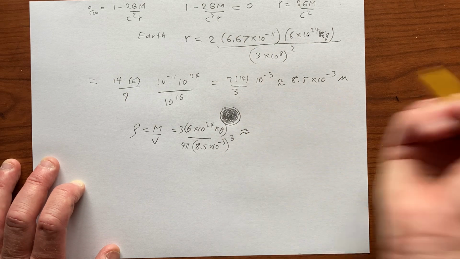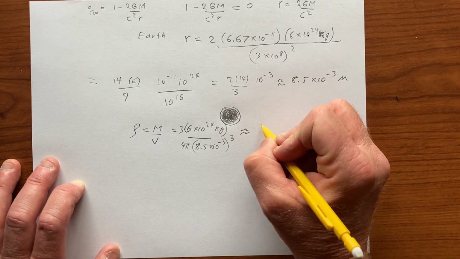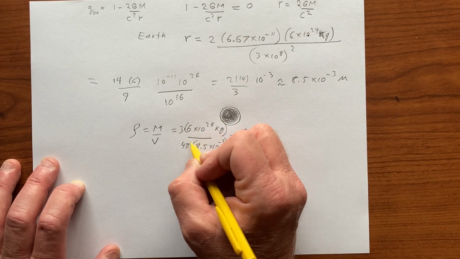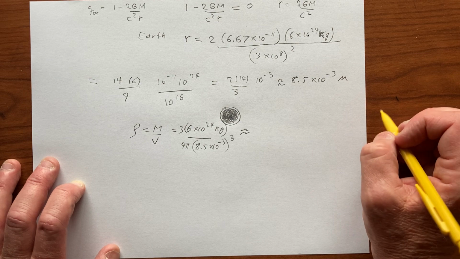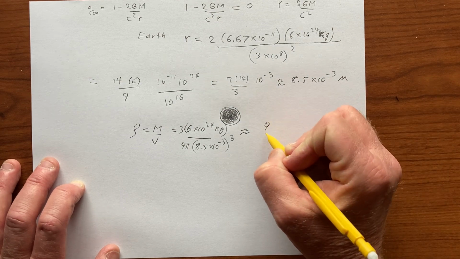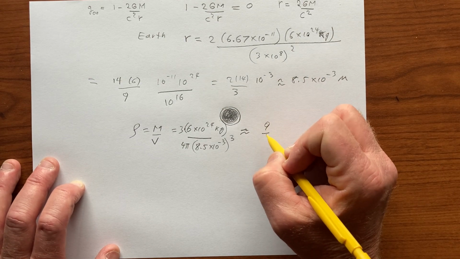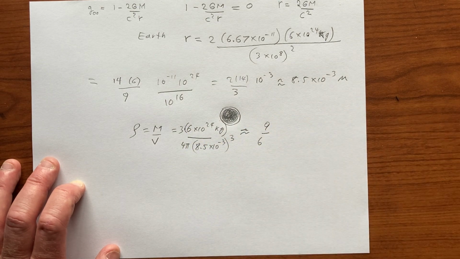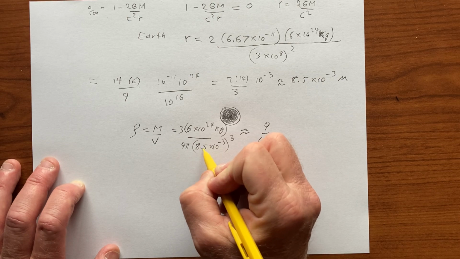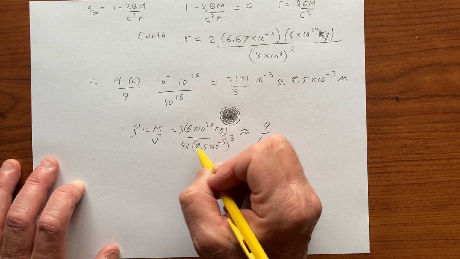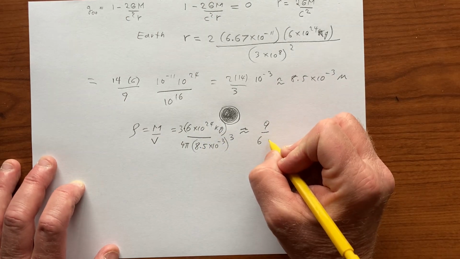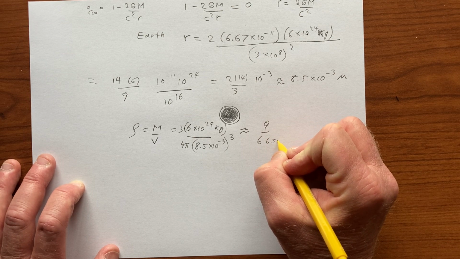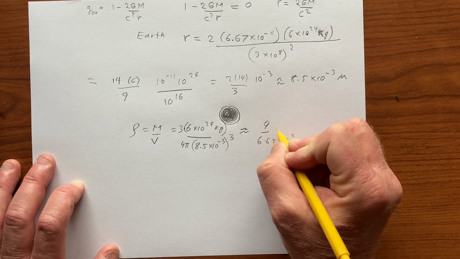So this is roughly, I don't know, what is this? 6 times 3 over 4 pi, 4 times 3, that's about 12. 9 over, so this becomes a 2 pi, it's like a 6. 8.5 cubed, that's like 8 times 9 or something like that. So I don't know, times 6.5 times 10 to the 2.